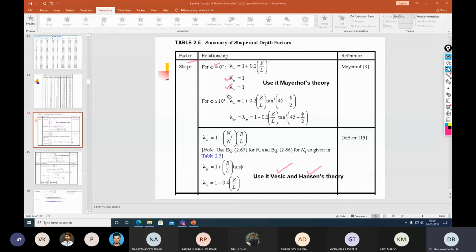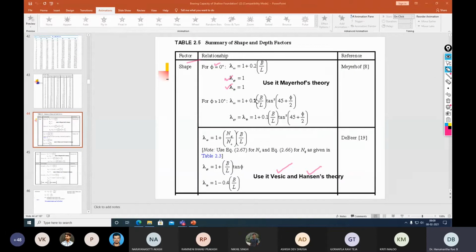Accordingly, the shape, depth, and inclination factors are built into all three terms: s c, s q, s gamma are the shape factors; d c, d q, d gamma are the depth factors; then i c, i q, and i gamma are the inclination factors.